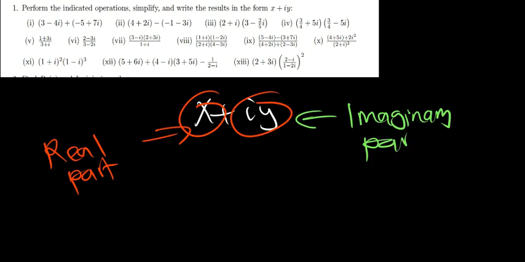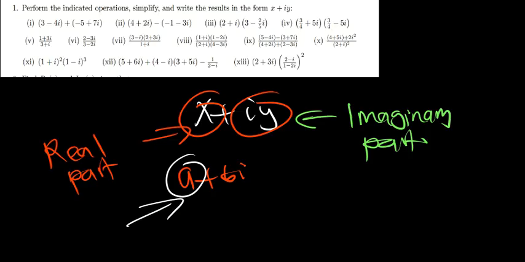Sometimes they can use a and b, a plus bi, sometimes it can be ib, that is okay. You can clearly see that a doesn't have i, that is the real part. b has got i, that is the imaginary part. So that is complex numbers.